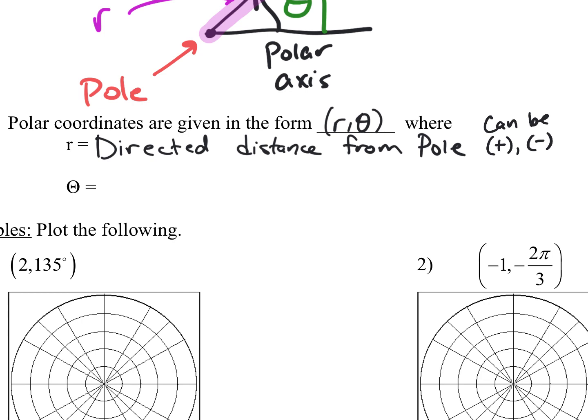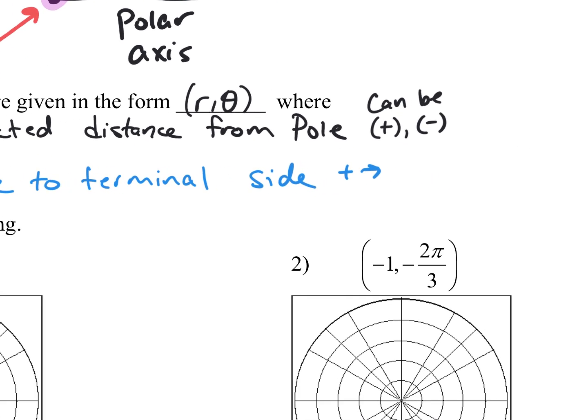Theta is our angle to the terminal side. Similarly, we will have positive and negative theta values. Positive angles will be basically counted counterclockwise, and negative angles will be measured clockwise.